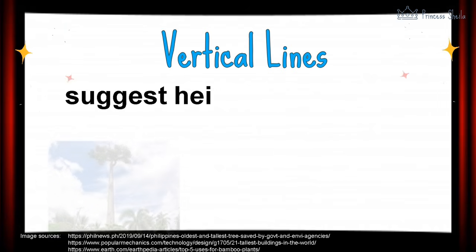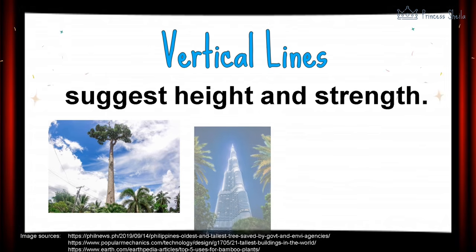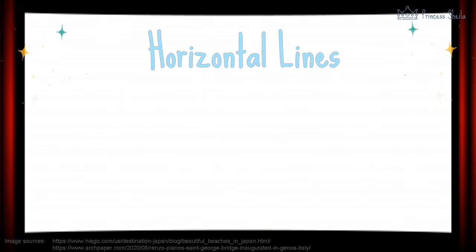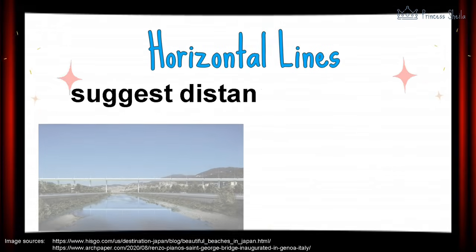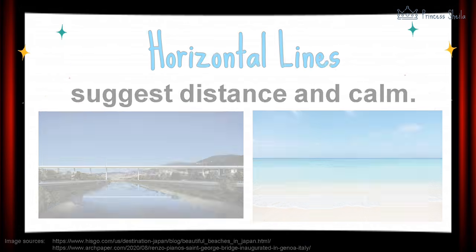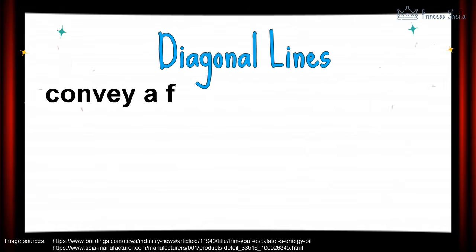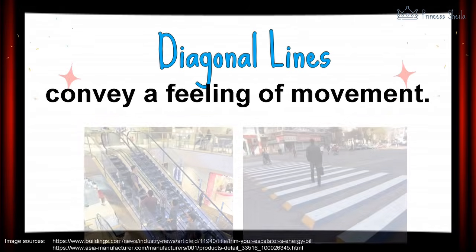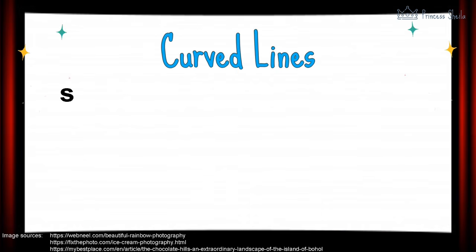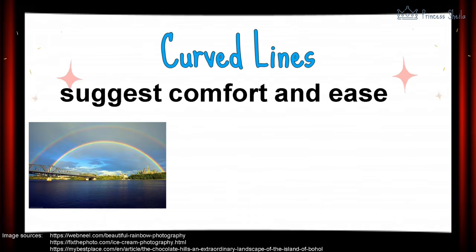Vertical lines suggest height and strength. Wow! Horizontal lines suggest distance and calm. Diagonal lines convey a feeling of movement. Curved lines suggest comfort and ease.